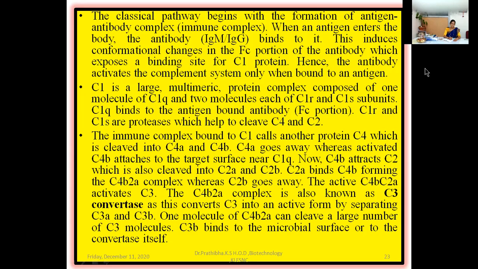Then C1r and C1s are proteases which help to cleave C4 and C2. The immune complex bound to C1 calls another protein, that is C4, which is cleaved into C4a and C4b. C4a goes away, whereas activated C4b attaches to the target surface near C1q.